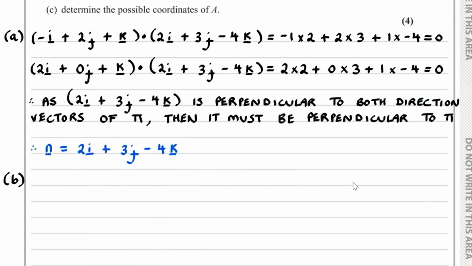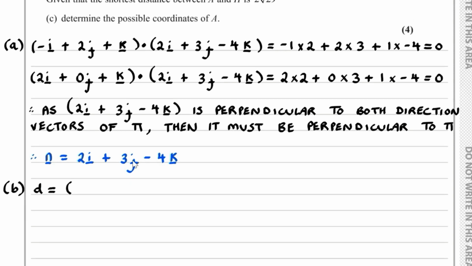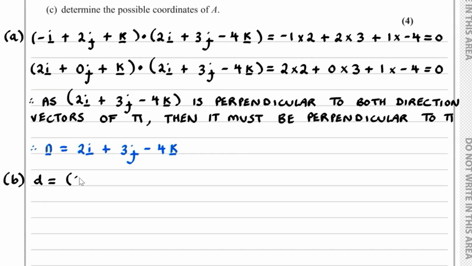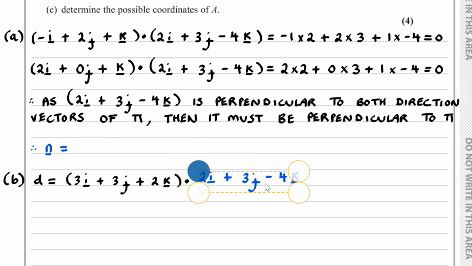So we need to find out what d is. d is equal to a, which is 3i plus 3j plus 2k, dotted with this vector here.